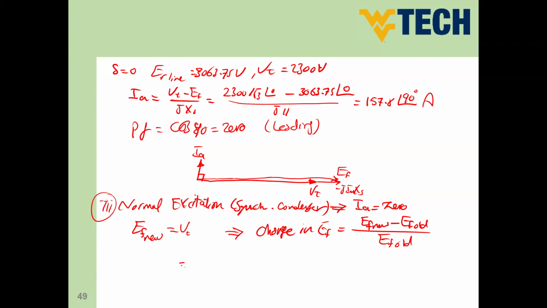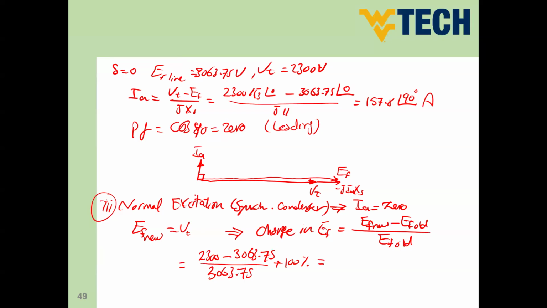So I'm going to say here the excitation change is 2300 minus 3063.75 divided by 3063.75, and I will multiply this by 100%.